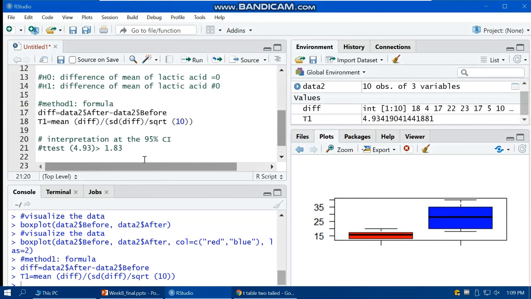So it falls into the rejection area, right? So we can reject the null hypothesis.